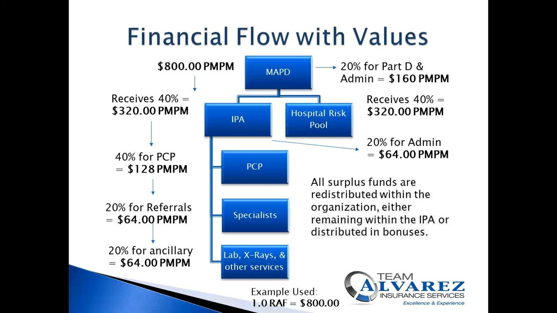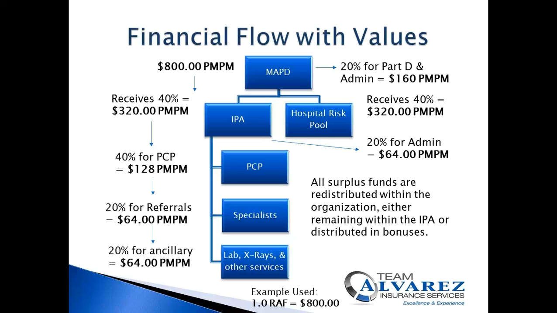Okay. Now remember, all surplus funds are redistributed within the organization, either remaining within the IPA or distributed in bonuses. So just as an example, if you end up spending a lot less on specialists than the average of $64 per member per month, then that's going to be additional funds that you have to distribute as you so choose at the end of the fiscal year.